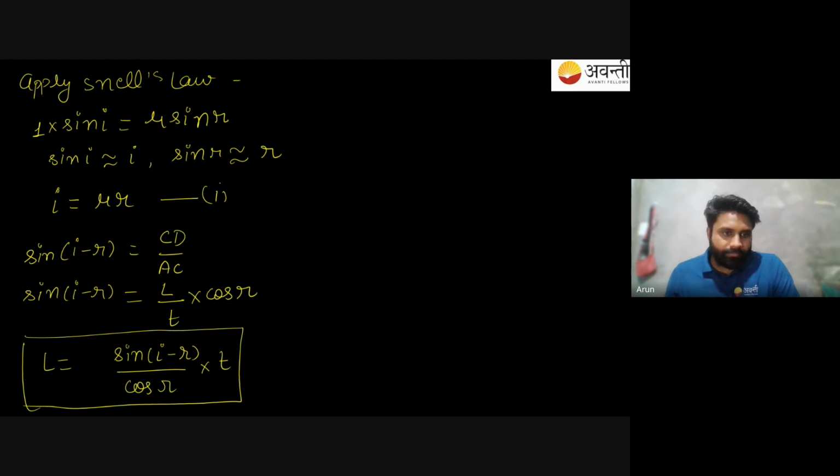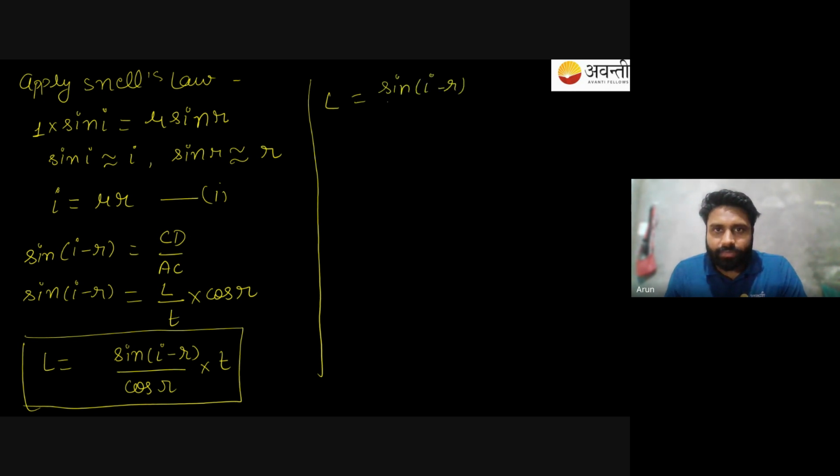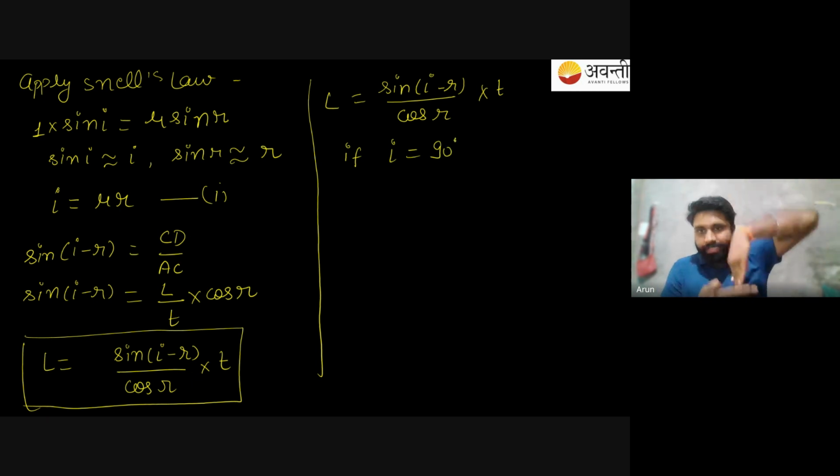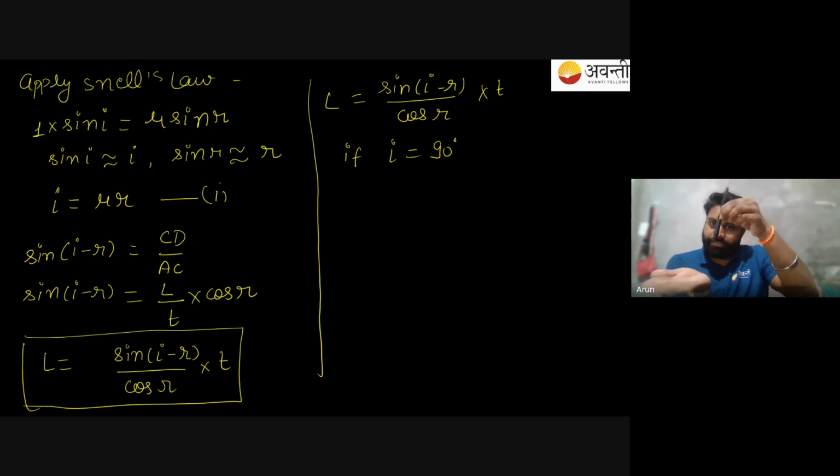So we have L equals sine(i minus r) by cos r into T. If i is equal to 90, it means the ray is incident along the normal to the surface, perpendicular to the boundary. What will happen?